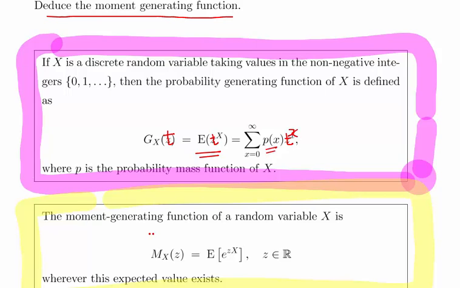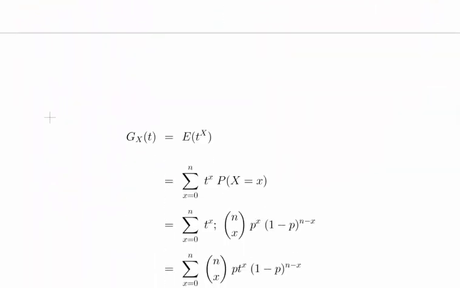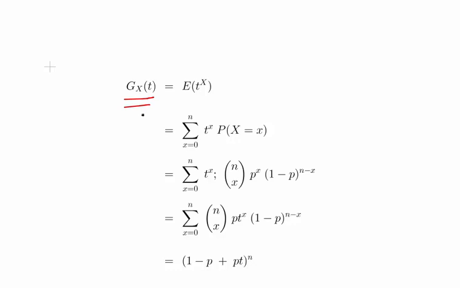So essentially we're going to just treat it like a discrete random variable with just a bit of a twist. The PGF is the expected value of t to the power of x. So here we have t to the power of x, and the probability of x equals each particular value.